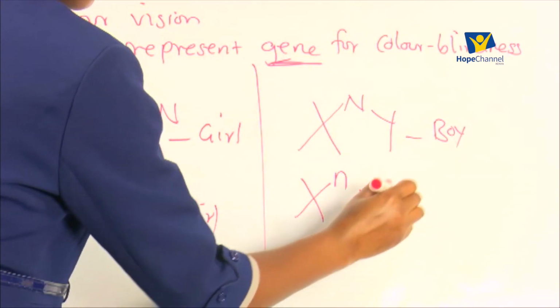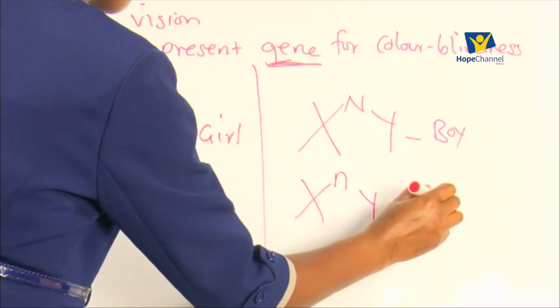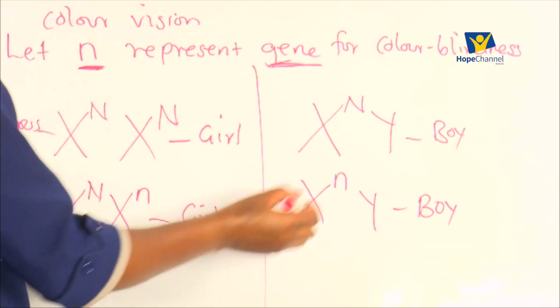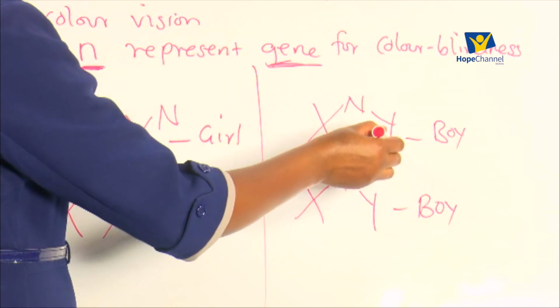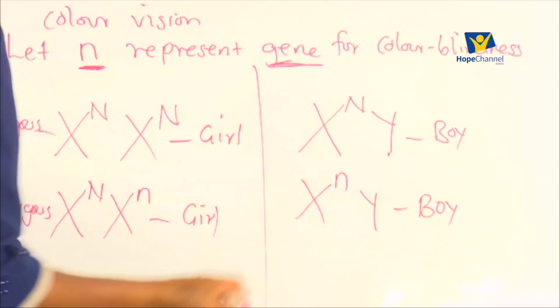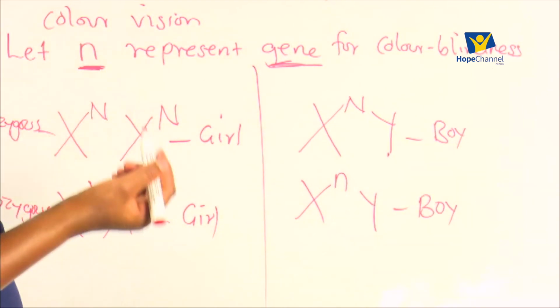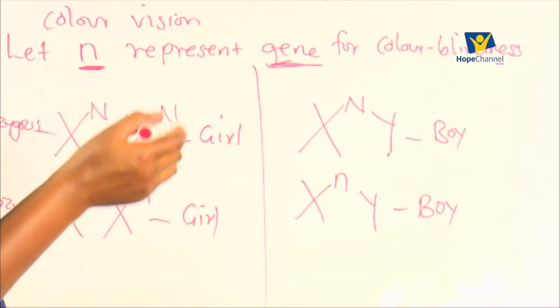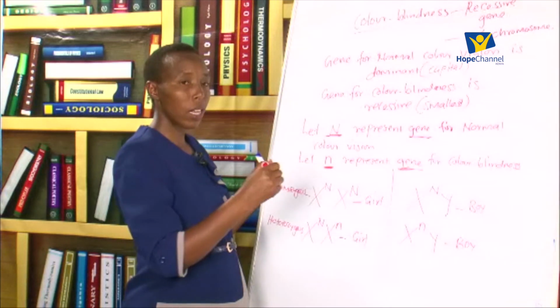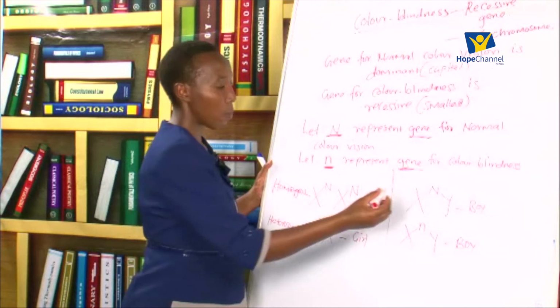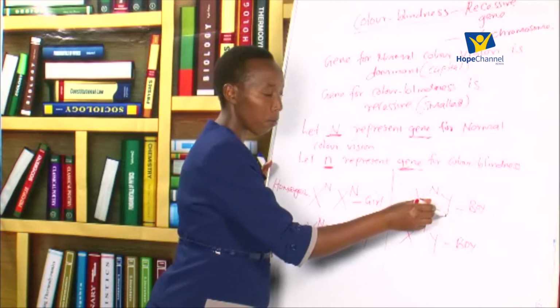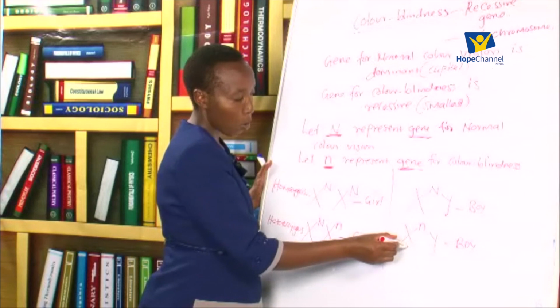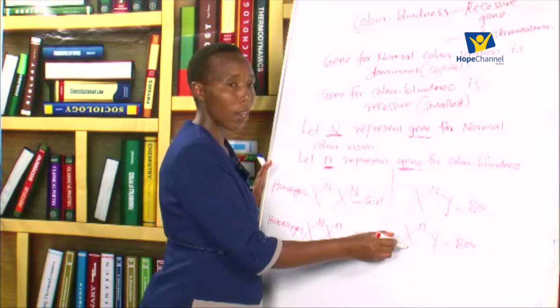So this is also a boy, but now this boy is having a normal color vision. Of course, you don't just say normal and leave it there, because normal is a relative term. In relation to the characteristic that we are learning, we are saying the boy has a normal color vision. The boy is what? Colorblind.